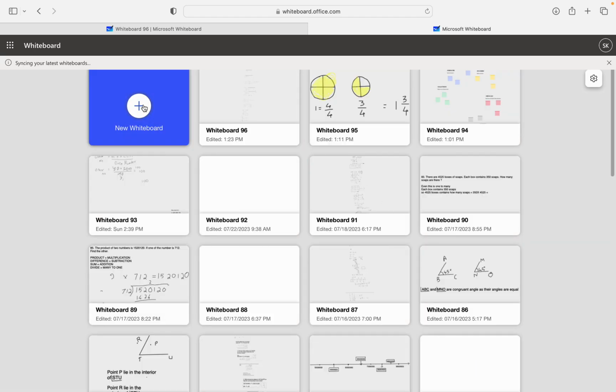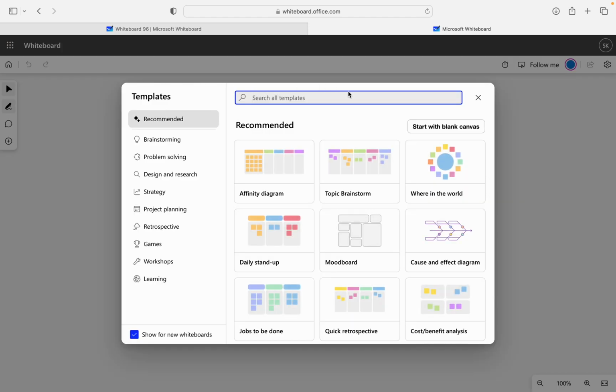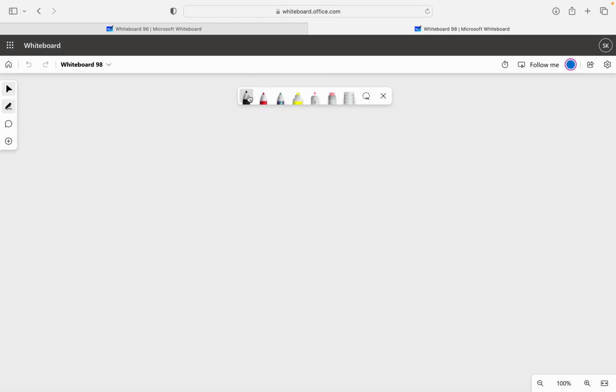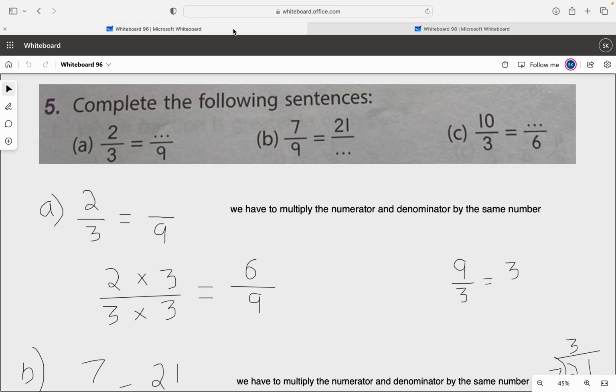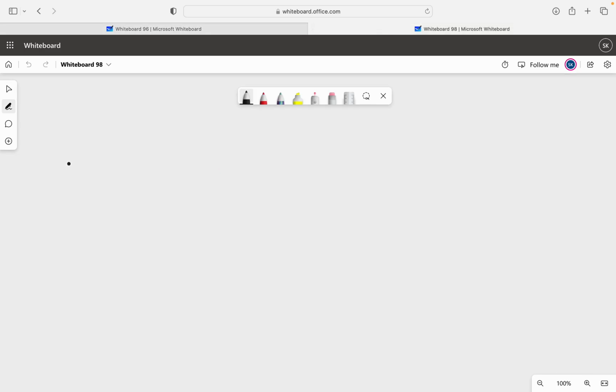Guys, if you're not understanding, don't sit and blink in front of the video. We will discuss this during our class. What it says is, 2 by 3 is equal to a box or a dash by 9. Now, how would you know what number we need to multiply the numerator and denominator by to get 9?